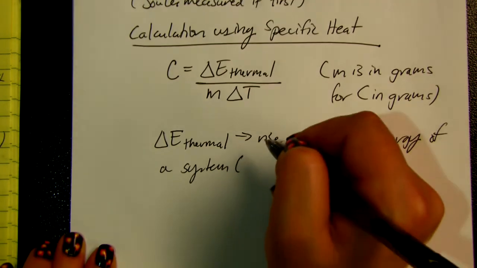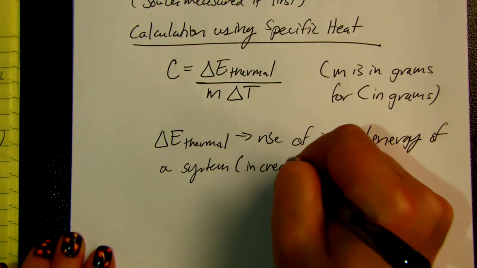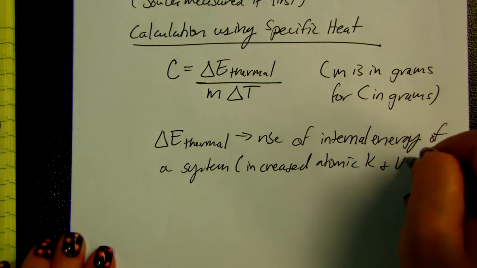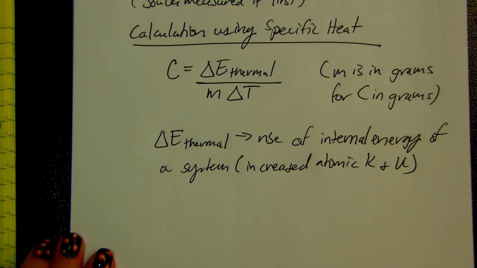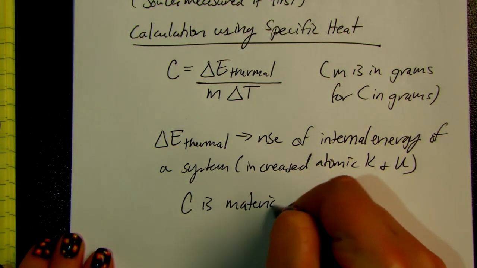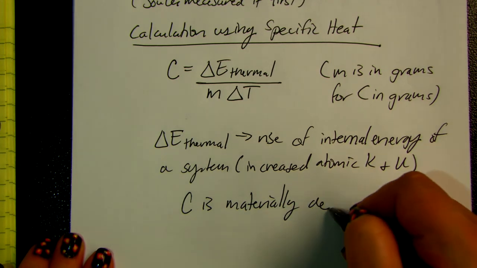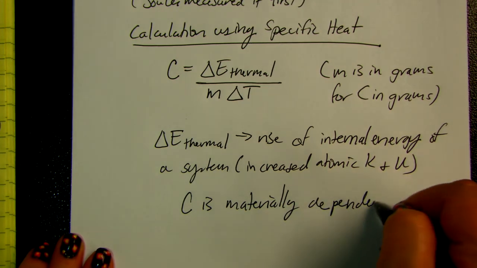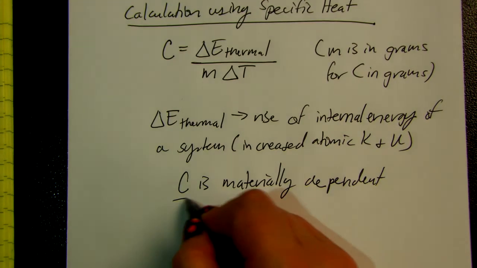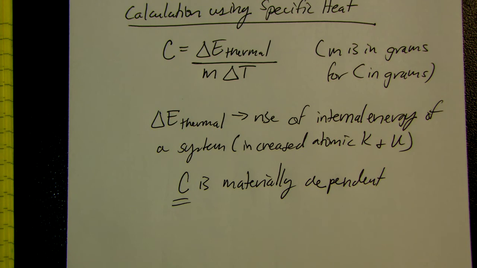Which is really coming in the form of increased atomic K and U in those atomic spring systems. And C, as I said before, and I'm going to repeat, is materially dependent. If you know one C, you do not know all C's. It's very, very useful because if you know the specific heat for a particular material, then the amount of energy transfer can be measured with temperature.